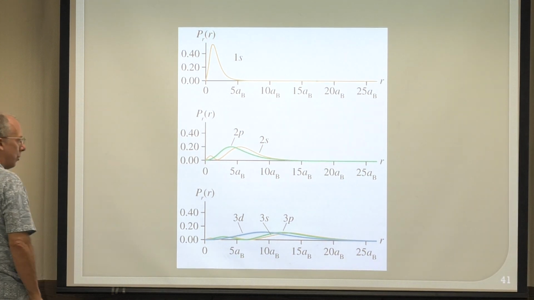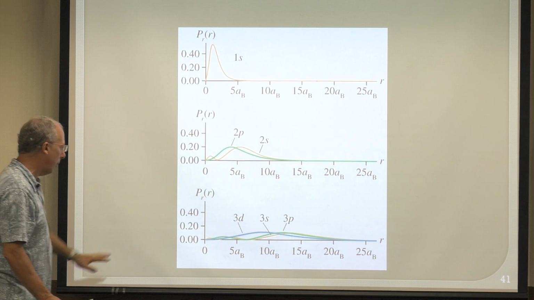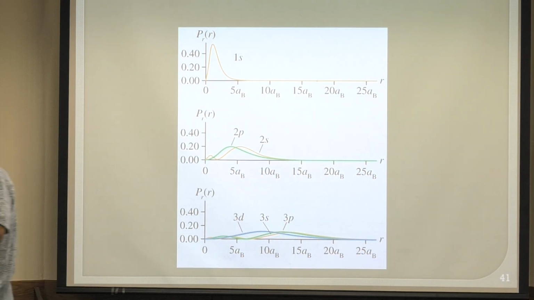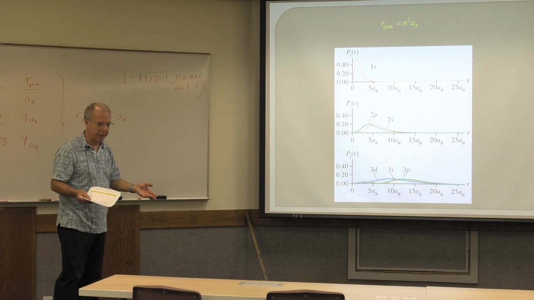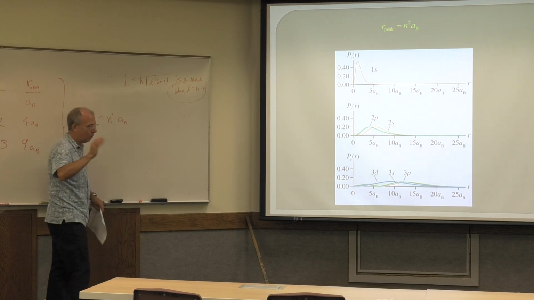For n equals 3, the maximum L is a d. So all we were looking at were the maximum L's, which correspond to circular orbits, and we came up with this equation. The reason we came up with this equation is because we were looking at the maximum L. Maximum L corresponds to circular orbits. That's what Bohr did. So it makes sense. Okay, we're probably too long. Let's quit.